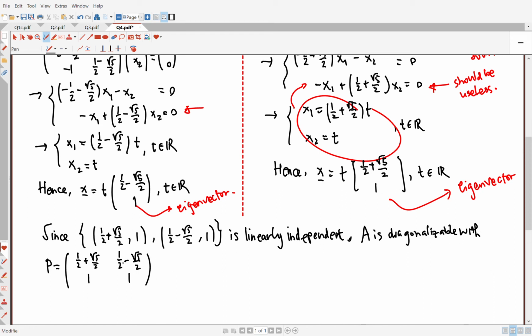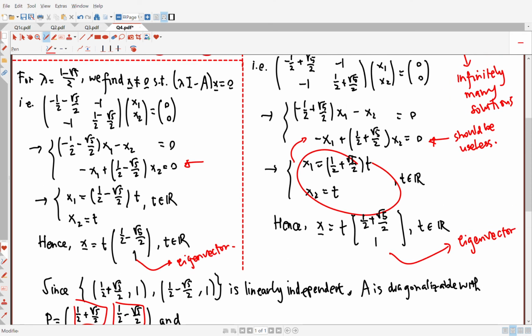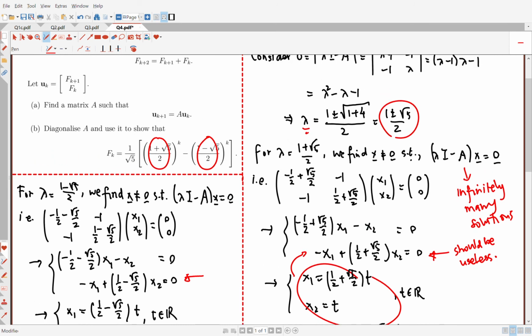With P to be this, actually this number looks very familiar. It is actually our lambda.